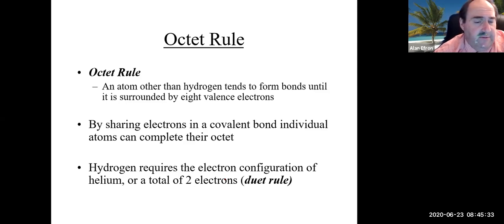But there's some aspect of sharing that allows both of those atoms to achieve the octet rule and 8 electrons. Again, the exception is hydrogen, which only needs 2. That is sometimes referred to as the duet rule. That gets hydrogen to move forward to helium, which is that first noble gas.